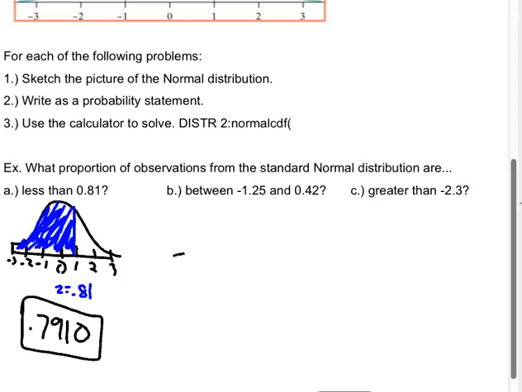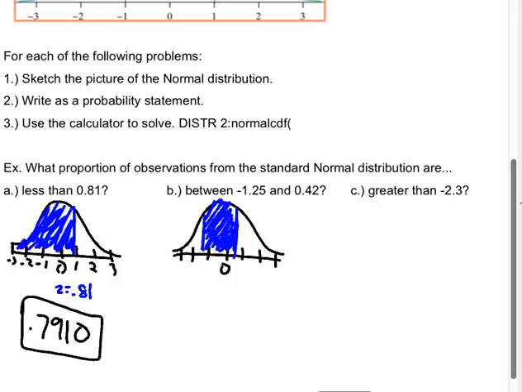What about between? Well, let's sketch our curve. So we're going to be at 0, 1, 2, 3, and negative 1, 2, 3. So to calculate this, negative 1.25 and 0.42, we want to find the area of the normal curve with that.